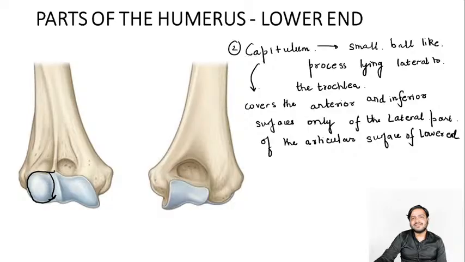So yes, moving ahead, it covers the anterior and inferior surfaces only of the lateral part of the articular surface of the lower end.